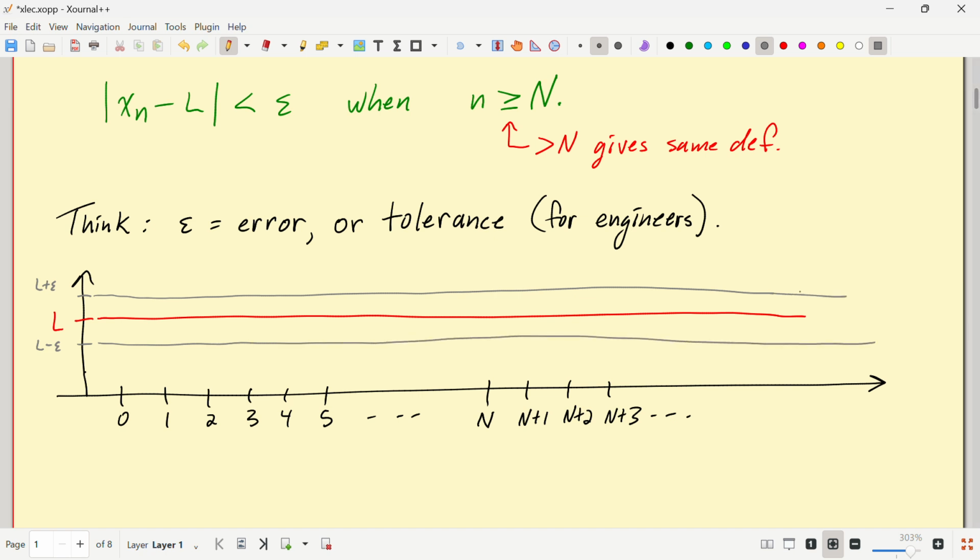Well, the definition says eventually those x sub n's get stuck in that narrow band. And so starting with N, the x sub n's are stuck in here. Maybe I'll make them purple. So it would get stuck in here. That's x sub n.